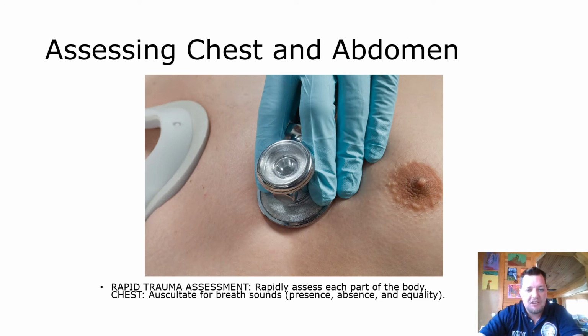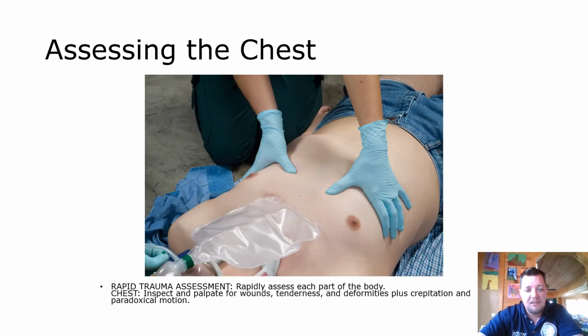Okay, so chest and abdomen is the same thing. We're going to add in auscultating for breath sounds. We're looking for presence, absence, and equality in those. Again, check for wounds, tenderness, deformities, plus crepitation and paradoxical movement.